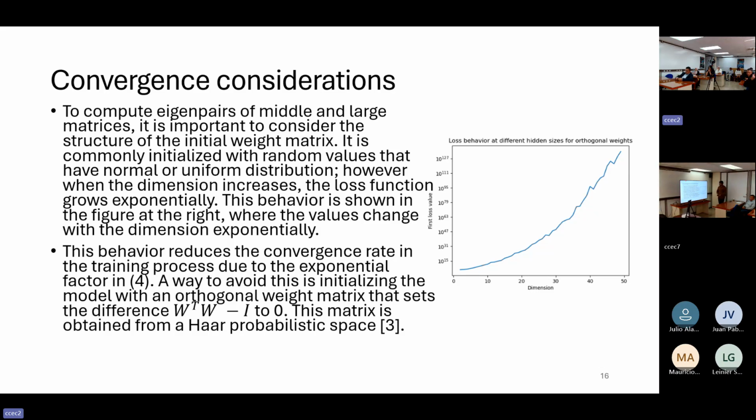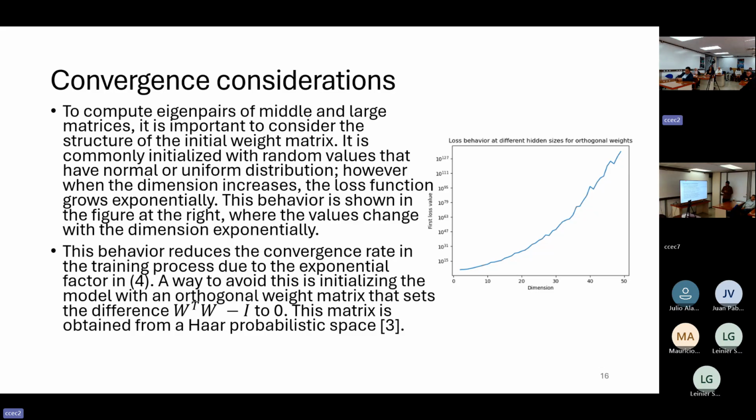As you can see, we have an exponential behavior that increases when the dimension increases. A way to avoid this is initializing the initial matrix of weights using an orthogonal weight matrix. This orthogonal weight matrix was proposed to be a hardcore listing space, and it removes this problem.